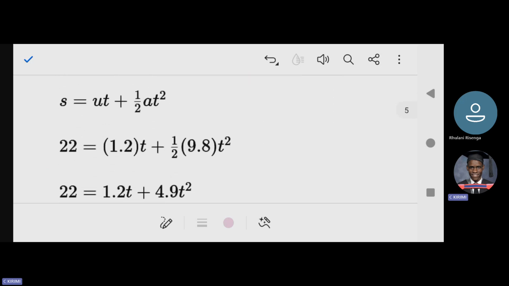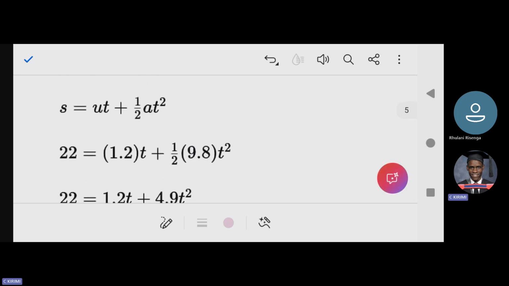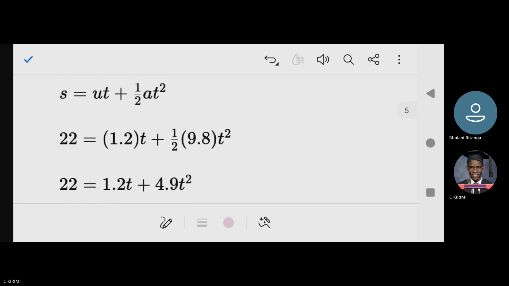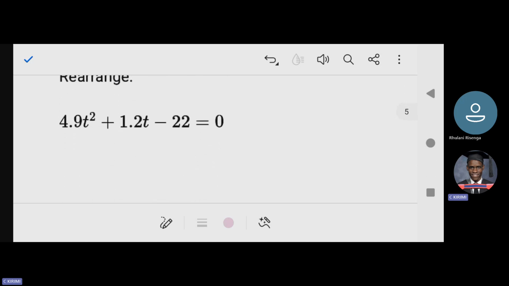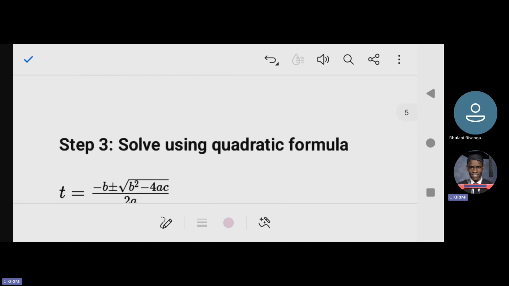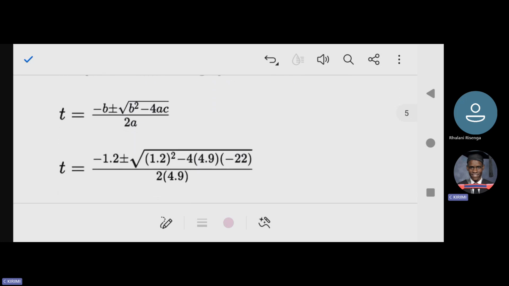Then you set up an equation, everything is positive, the distance is in the same direction. So you arrange your terms and solve using the quadratic formula, minus b plus or minus. Then you solve for t.